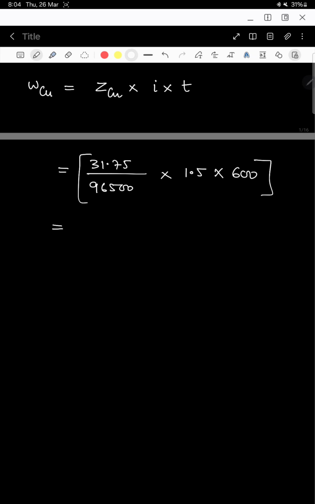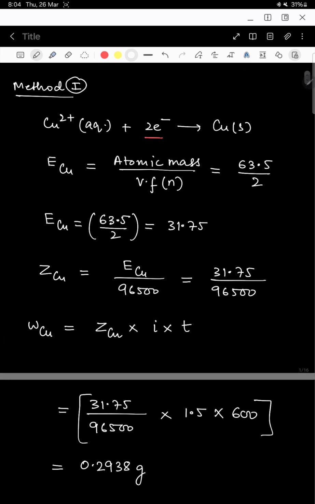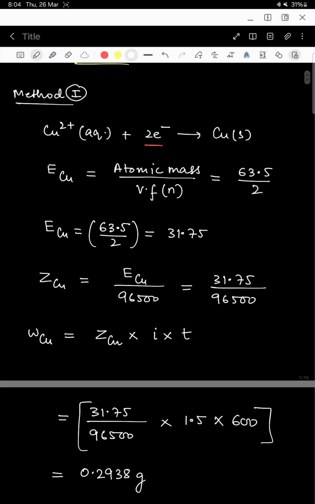It is around 0.2938 gram, that is given in the NCERT. So this is one way of doing it. We applied the formula in this way.